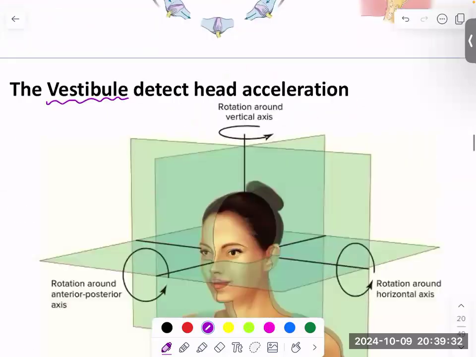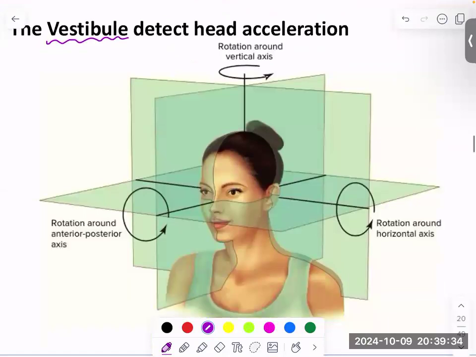So this detects head acceleration. How does this affect you? Well, you've seen people do those silly contests. I'm going to put a baseball down on the ground, put my forehead down, run around like crazy. This is what'll make you dizzy. Car sick, plane sickness, seasick.